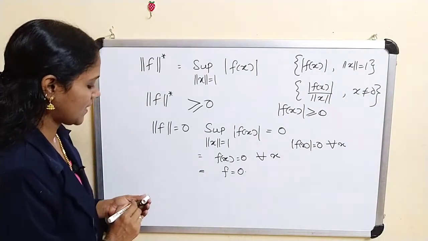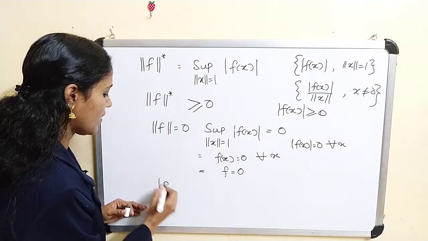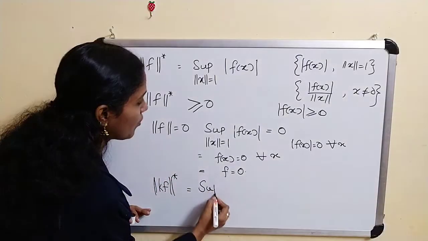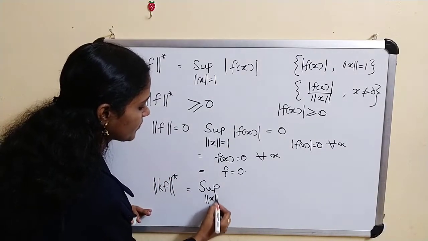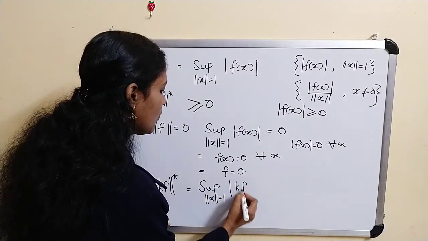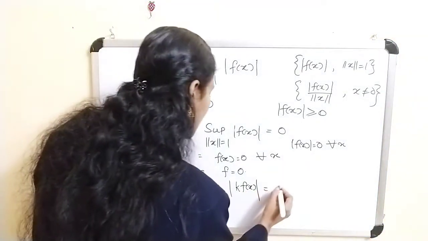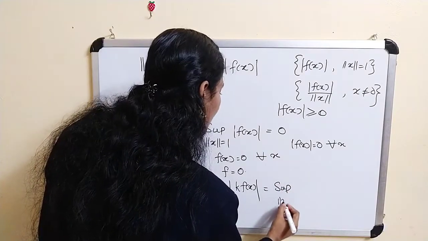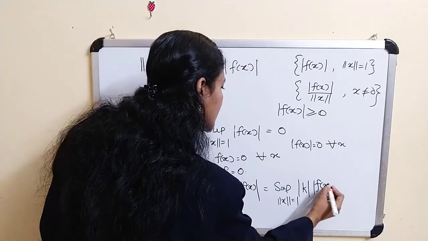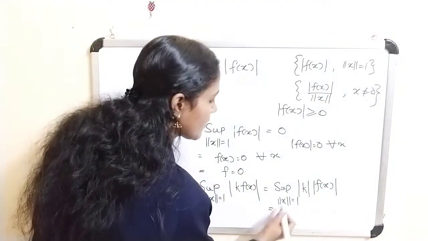Now second condition. Consider any scalar k, then k into F star is equal to the supremum over norm of X equal to 1 of modulus of k into F of X. k is a constant, and this is the same as the supremum of modulus of k F of X. But modulus of k is a positive quantity, therefore this does not affect the supremum.